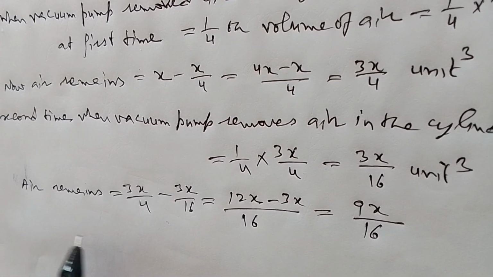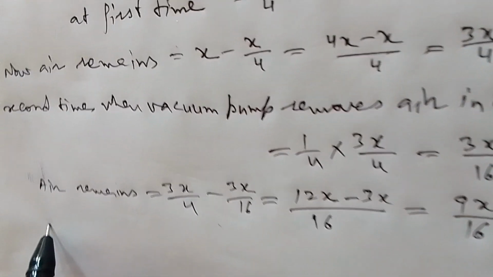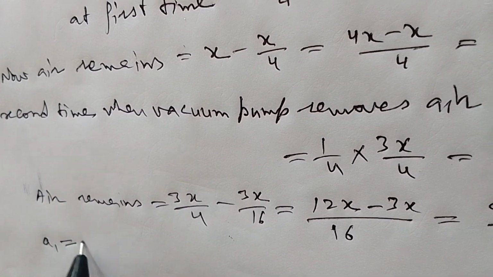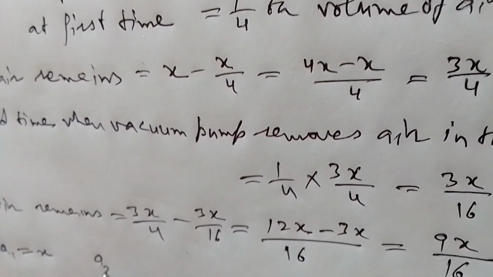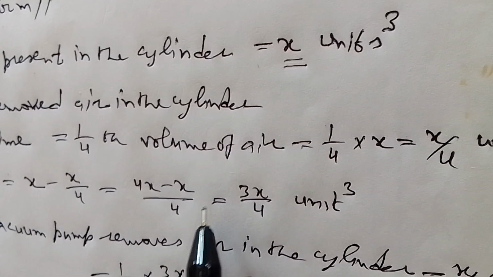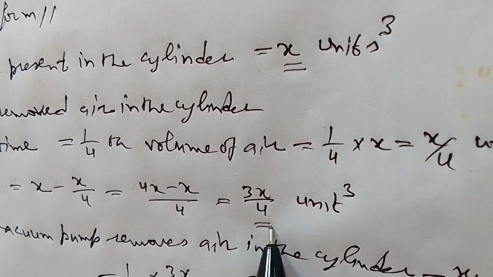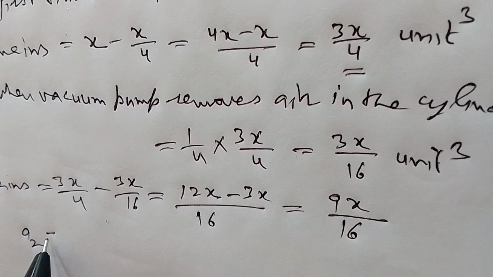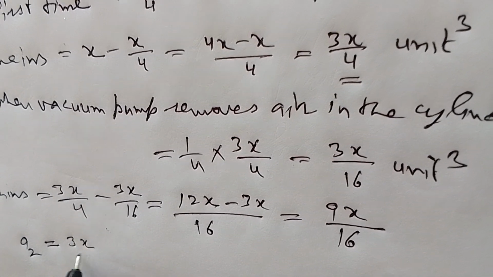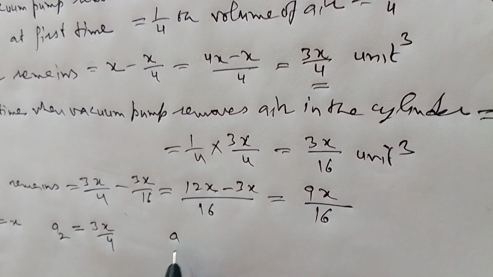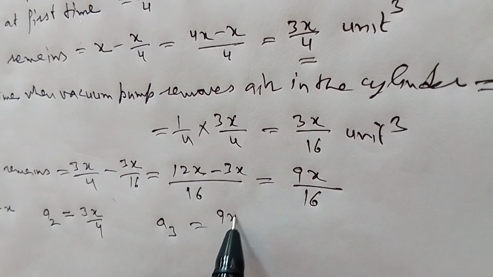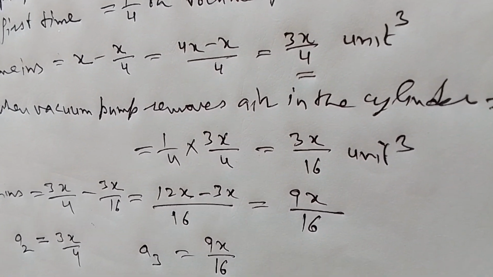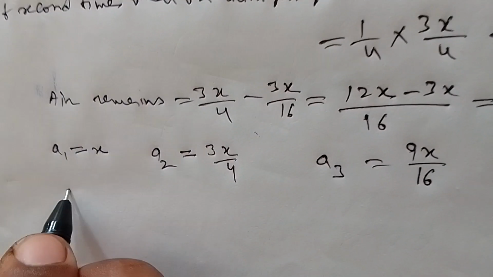So from this, the first term A1 is x, which is the volume of air present at the start. Then A2 is the volume of air after removing the first part, which is 3x by 4. Then A3 for the second time is 9x by 16. From this we will calculate the common difference.